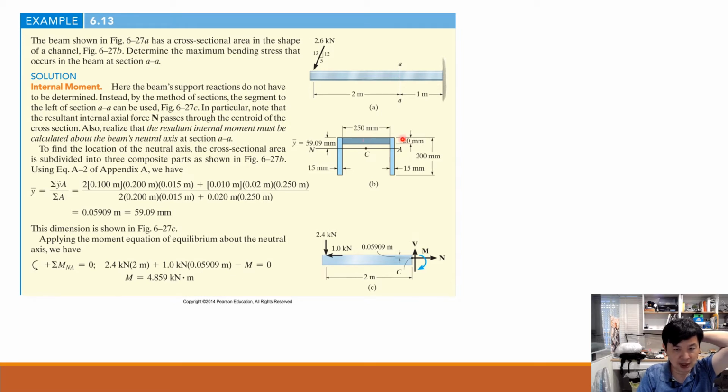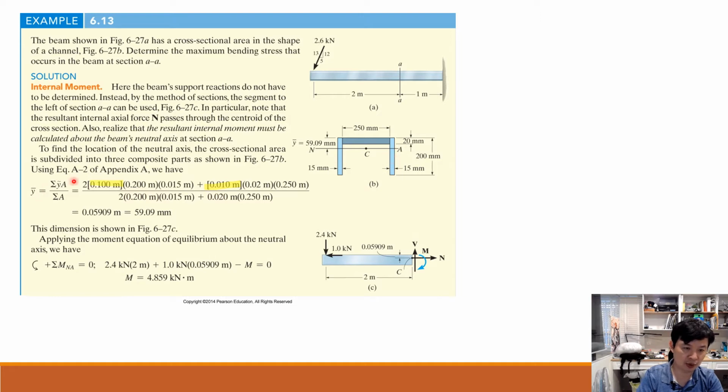From this top surface, you can determine the distance of the centroid for the upper or horizontal part would be 0.001. That would be one so-called y bar for this portion. And the other part for the centroid would be 0.1. This is the distance from this point to the middle of the vertical portion.